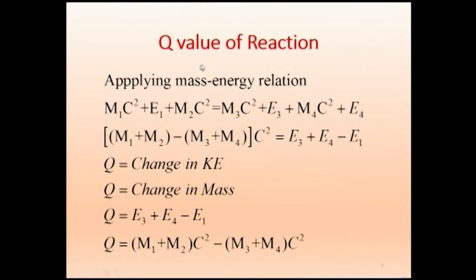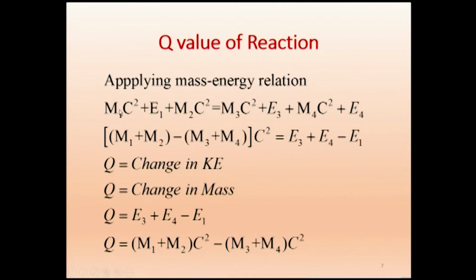Applying mass energy relation, that is Einstein's mass energy relation. So what we wrote is M1, M2, M3, M4, that is the reaction we wrote. Now as far as the incident particle is concerned, it will have M1 C squared, that is the rest mass energy of the incident particle, mc squared. Here it is M1 C squared, that is Einstein's relation.